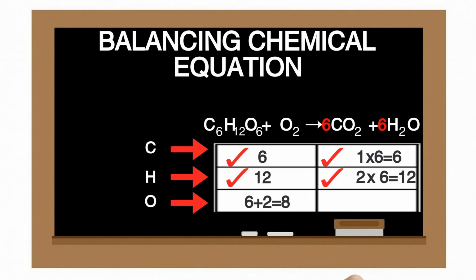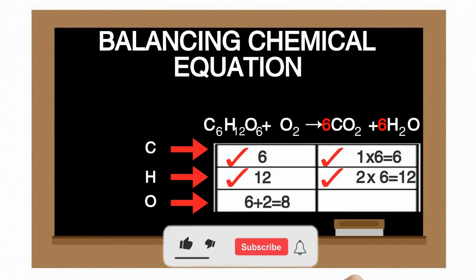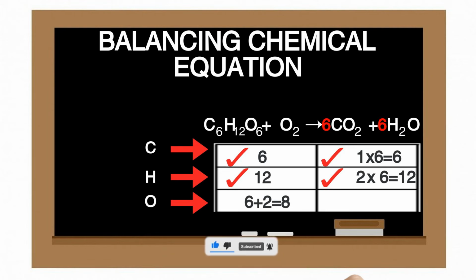And balancing the oxygen element in this equation is a little bit different, and please do pay your full attention here. In product, we have a compound which is CO2 and it has a coefficient which is 6. This coefficient is not only for the carbon but it is also for oxygen. In oxygen, we already have 2 atoms and we are going to multiply it with the coefficient 6 and we get 12.